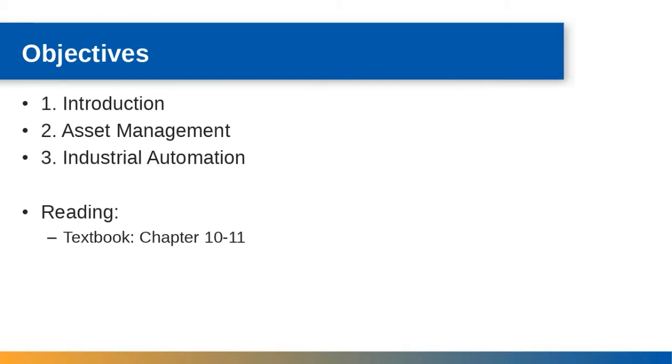For each of the areas here, we'll discuss the specific requirements in those areas, and we will show a few representative projects or implementations in these areas, so that you know how you combine the knowledge you have learned so far into real applications. The content in this unit comes from chapters 10 to 11 of the textbook.